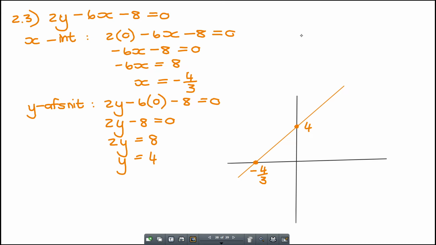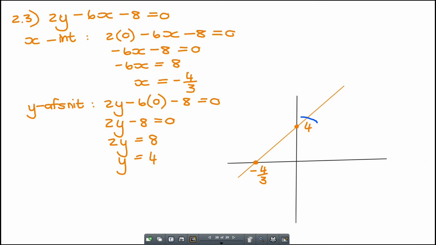Nou is gou, ekskuus, ek het aangeneem, maar ek weet ek moenie dit doen nie. When you draw your sketch, obviously the points that we worked out, the x-intercept and the y-intercept, ek weet jy het dit hier vir my gewys, nee? But when you draw the sketch, you've got to show it on the sketch.